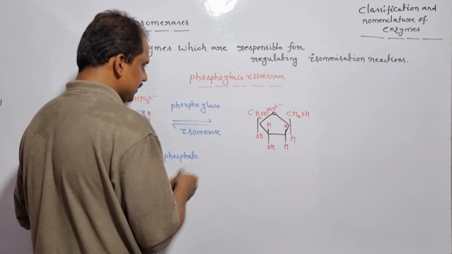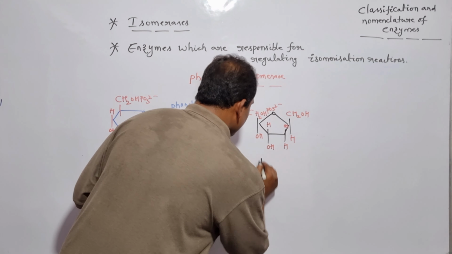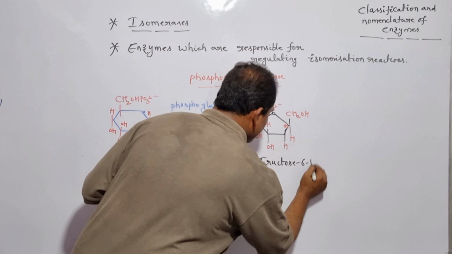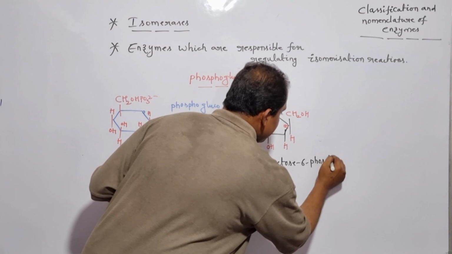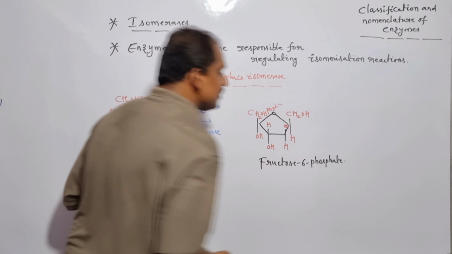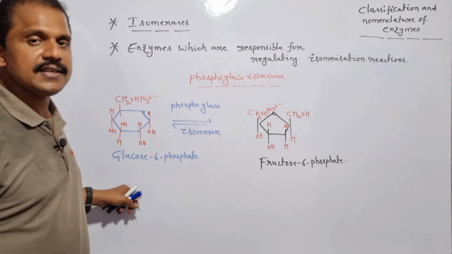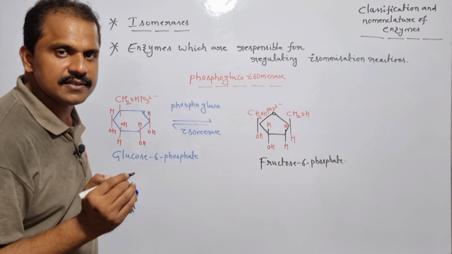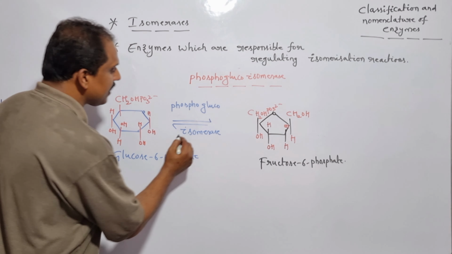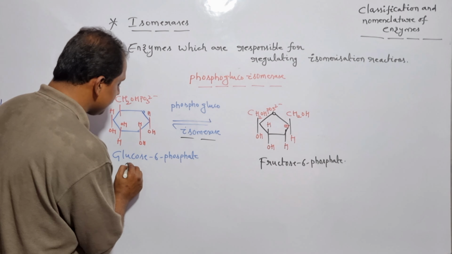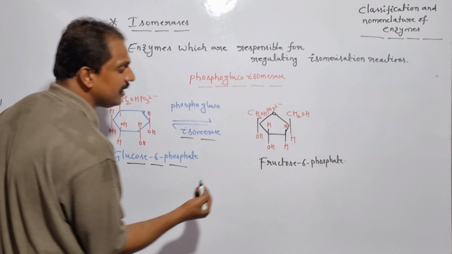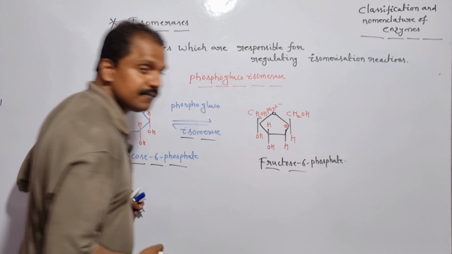So here are some specific enzymes which are responsible for regulating the isomerization reactions. Such specific enzymes are termed as what? Isomerases. So in the presence of an enzyme termed phosphoglucoisomerase, glucose 6-phosphate undergoes isomerization in order to yield fructose 6-phosphate. Is it clear?